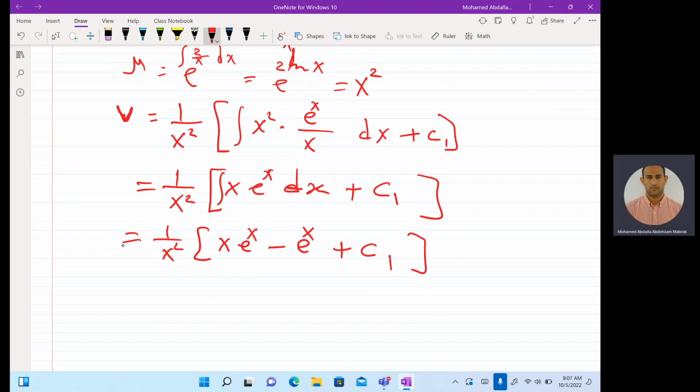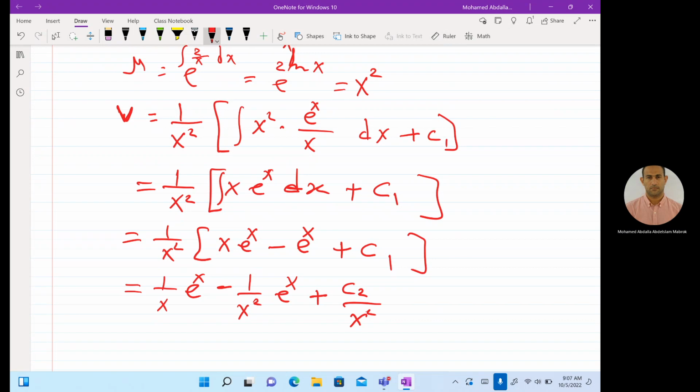So here we just let this x squared get inside. One over x e to the power x minus 1 over x squared e to the power x plus C1 over x squared. Okay, that's the v.